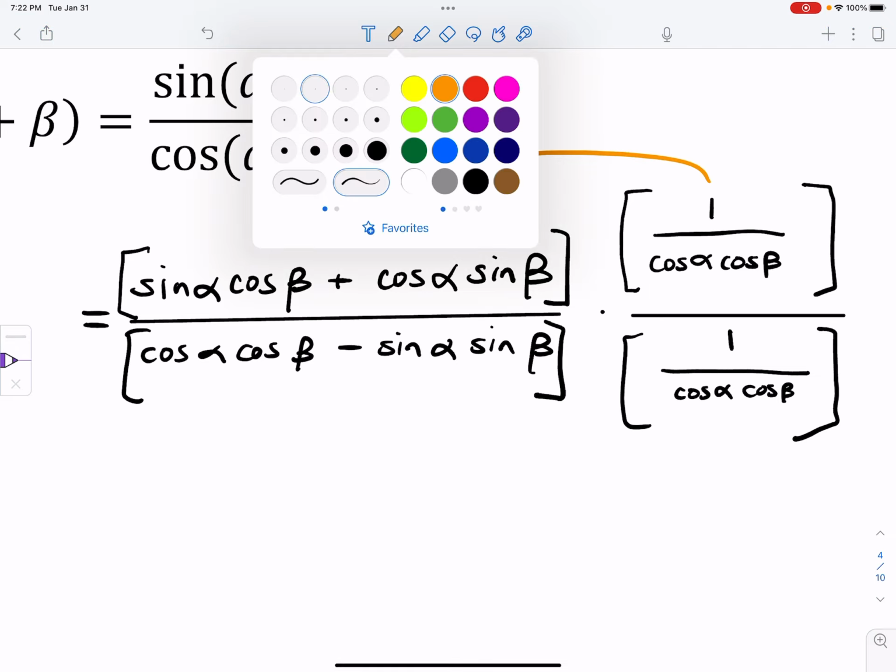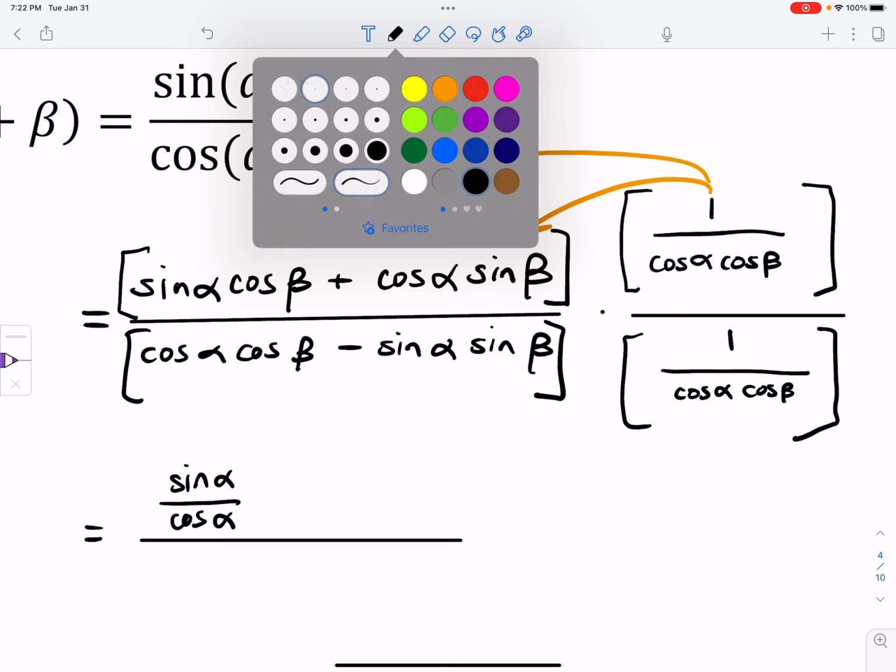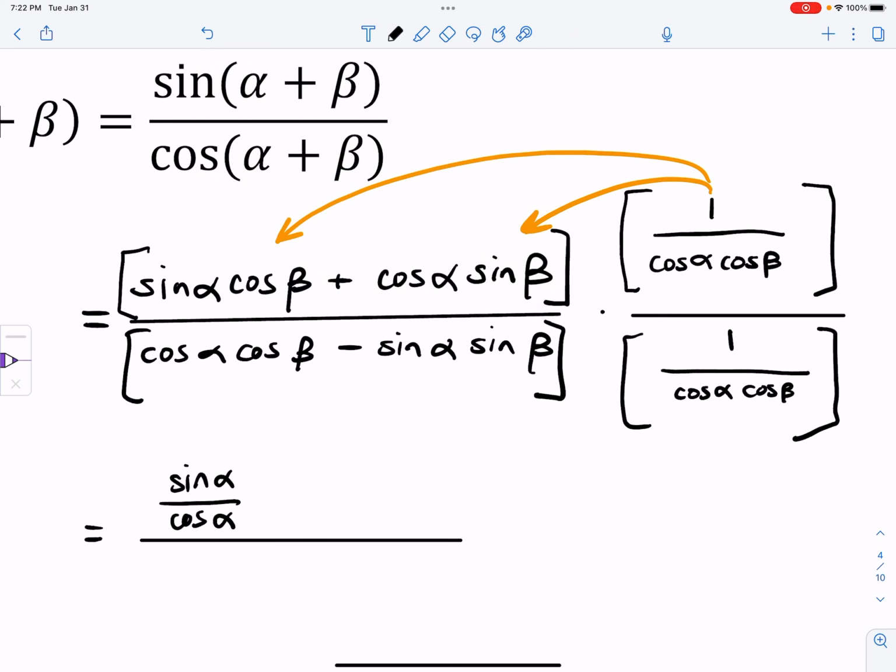Notice that the cosine betas would cancel when we do that. So then we will be left with sine alpha over cosine alpha. And then when we distribute to cosine alpha sine beta, the cosine alphas cancel and we are left with sine beta over cosine beta.